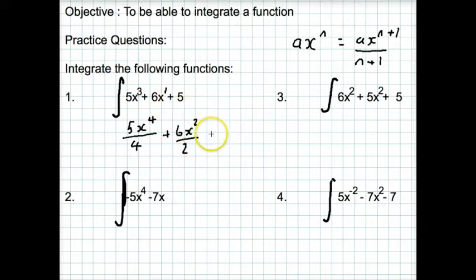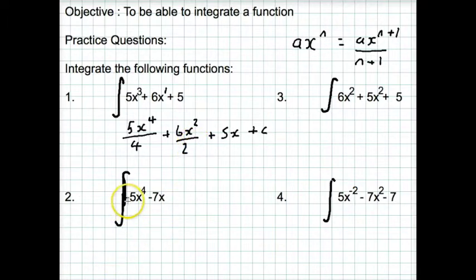And the 5 just becomes 5x. But remember, because this is indefinite integration, we need to add c. This could simplify, of course, to 3x squared.